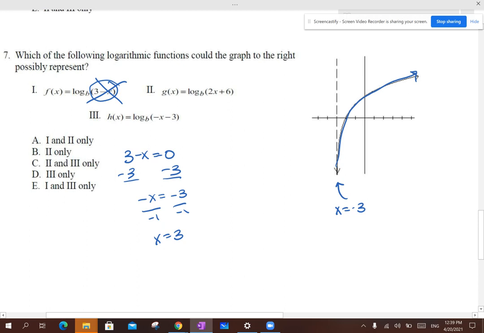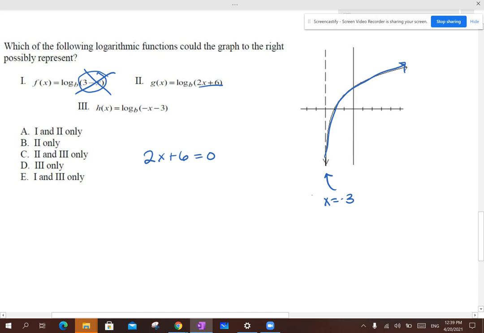So I'm going to move on to number 2. Number 2 says 2x plus 6, all right? So 2x plus 6, does that equal 0 when x is negative 3? So let's go 2x equals negative 6, x equals negative 3. So this does have a vertical asymptote at x equals negative 3, but remember, let's take a look at the domain.